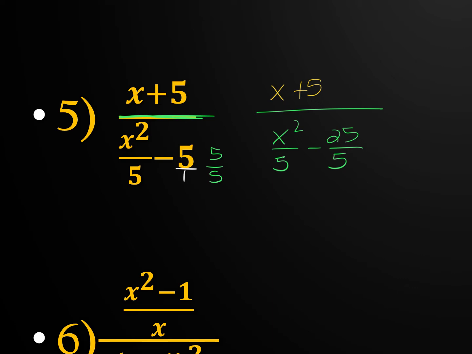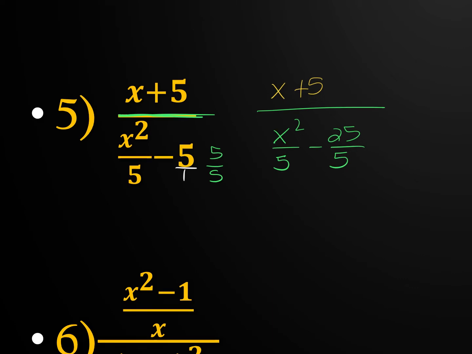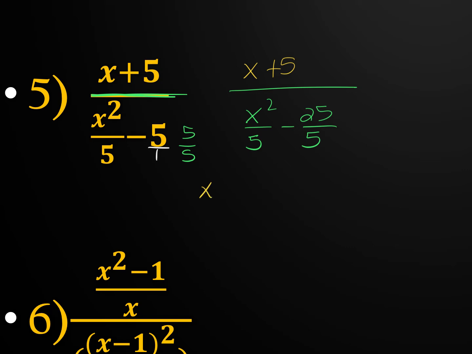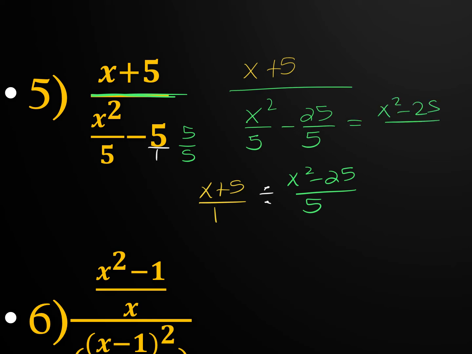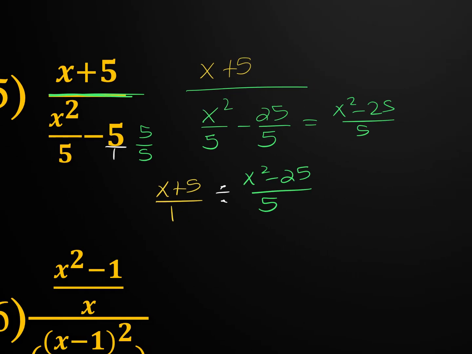And now what I can do is, this is a division problem now. So I have x plus 5, and I can put a 1 under it, divided by x squared minus 25 over 5. Because once I combine, it's got the common denominator. So now I'm going to do a keep, change, flip.